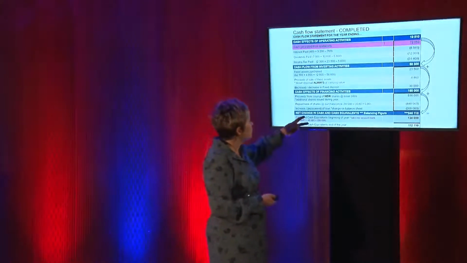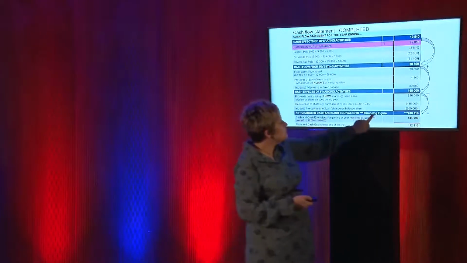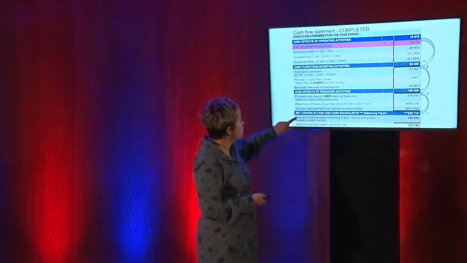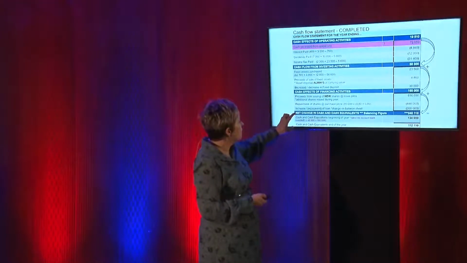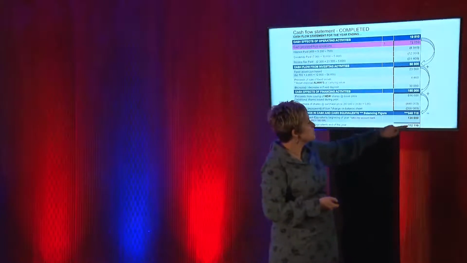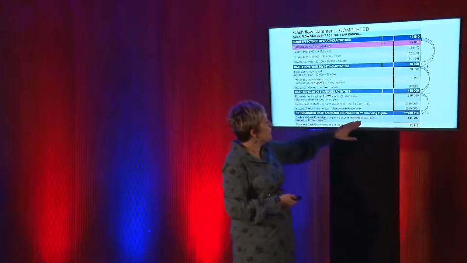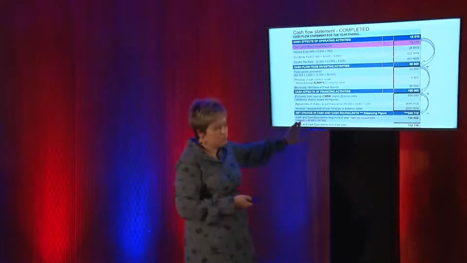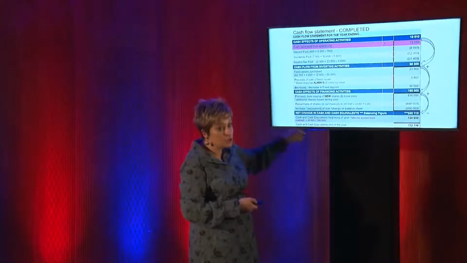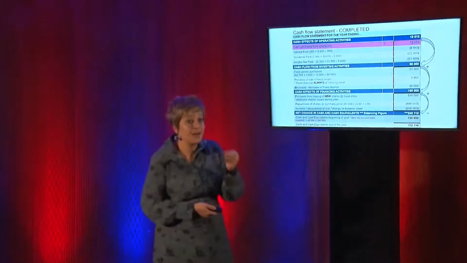So yet again, you can check that, or the bottom up is the balancing figure. So cash and cash equivalents at the beginning of the year and cash and cash equivalents at the end of the year. So you have to take these two into account to get back to that amount. Remember, if we had a bank overdraft, you're going to have to take it into account because it's not part of cash and cash equivalents because it's part of a liability.